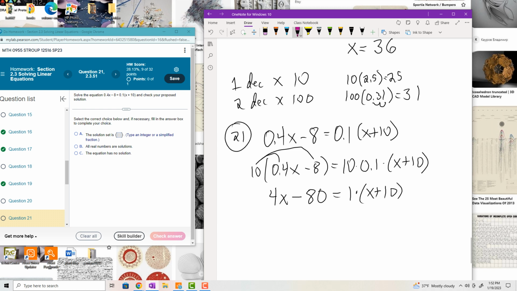So on the right there, it may not be clear, but what's going on is you have 3 factors that you're multiplying together. It's the 10, the 0.1, and then the x plus 10. And when you have cases like that, you could just multiply 2 at a time. It's not like a distribution, right? So it's similar to thinking, okay, I'm going to multiply 3 times 2 times 5.